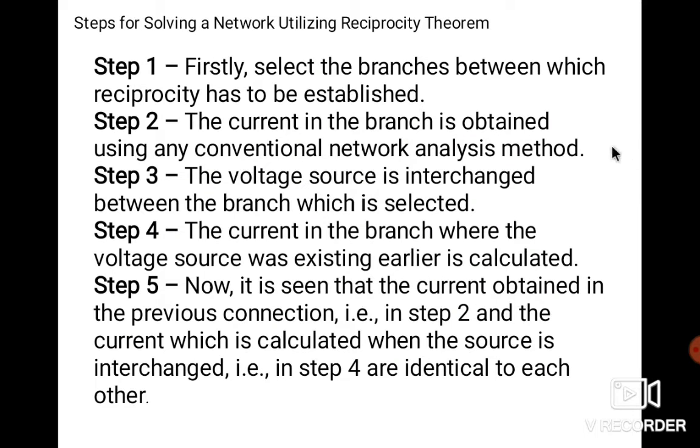So you can say that the reciprocity theorem applies to linear time invariant bilateral passive elements, and it is applicable to resistors, capacitors, inductors and transformers. However, both dependent and independent sources are not permissible. So these are the limitations of the reciprocity theorem.